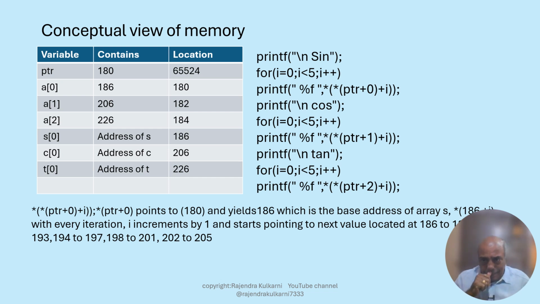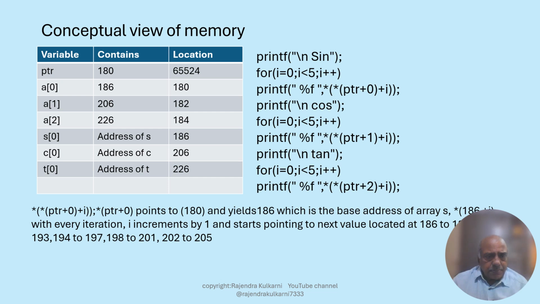Now, how have we been able to access the values of the arrays in the function through a pointer? That pointer points to an array of pointers. When we take out the values, we use *(*(ptr + 0) + i).